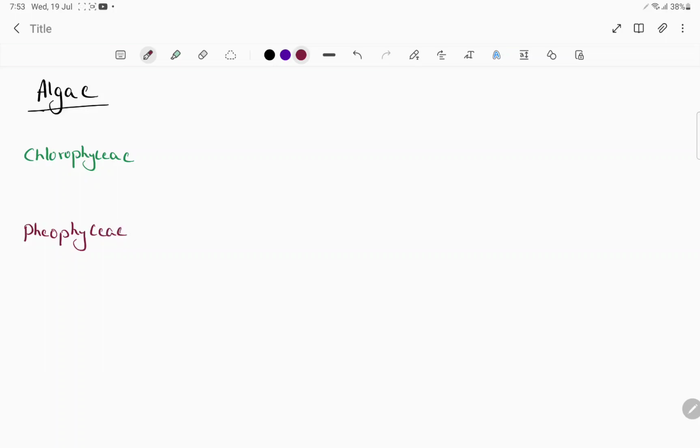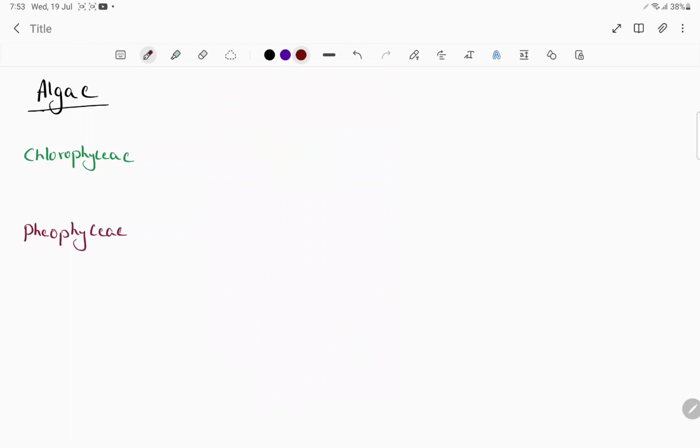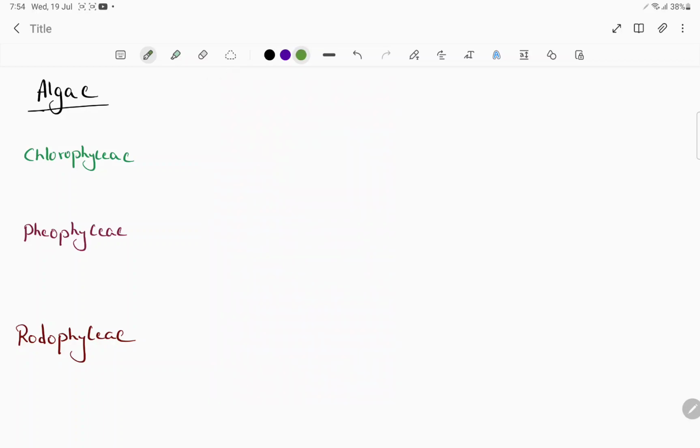Okay, so let's see to include these things with the colors. So first, Chlorophyceae.